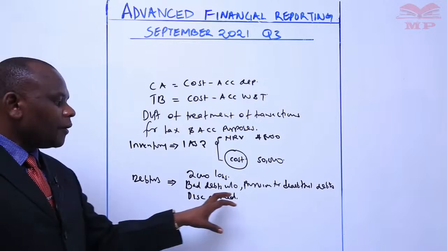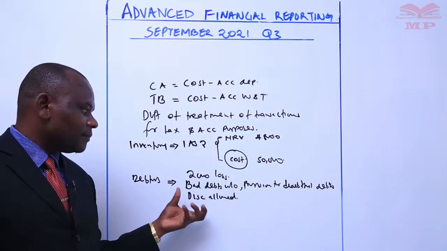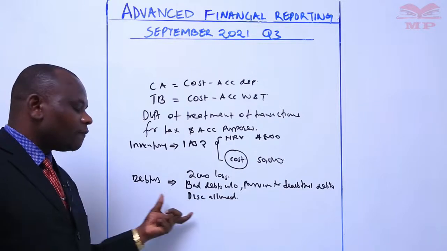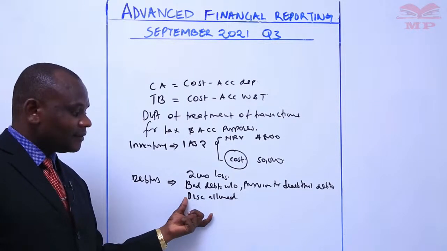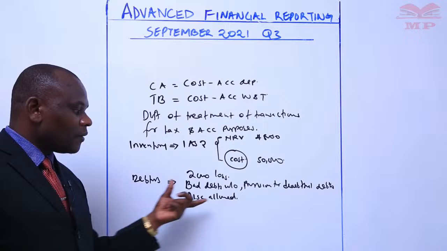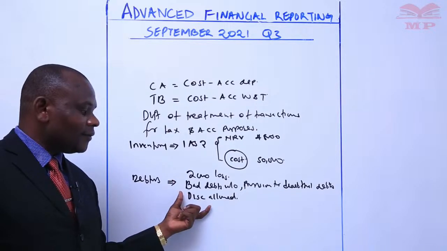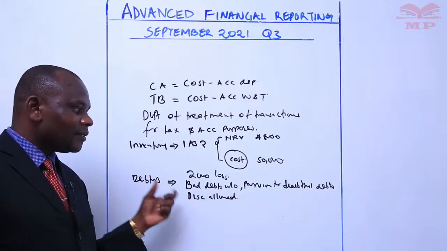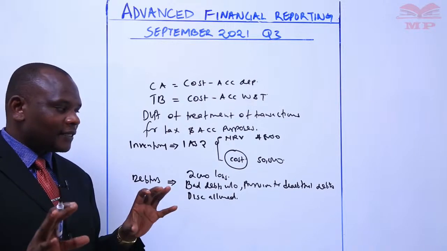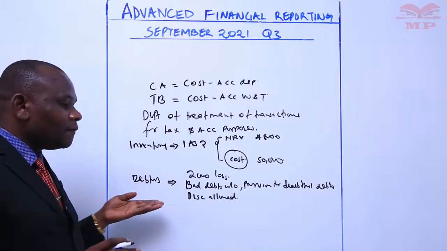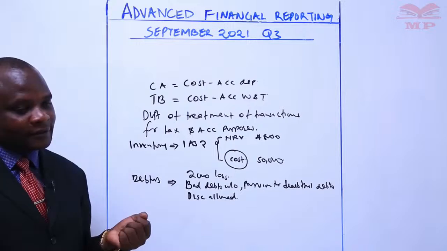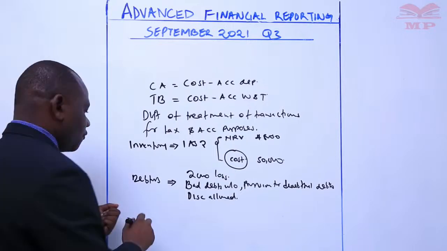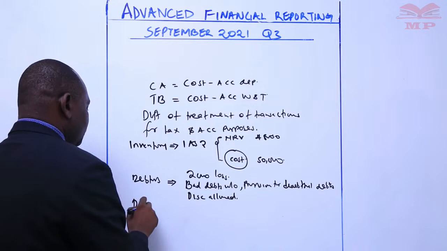Following the prudence concept that we are not supposed to overstate assets, we're going to consider all this as accountants when accounting for debtors, so that we are very certain with the amount of debt that we expect to collect. What does the taxman do?